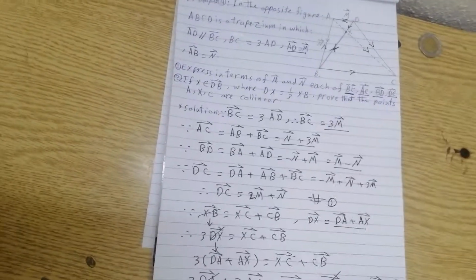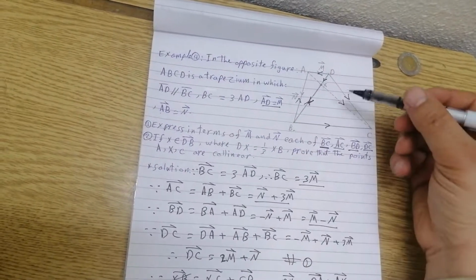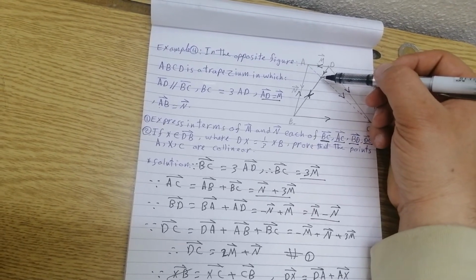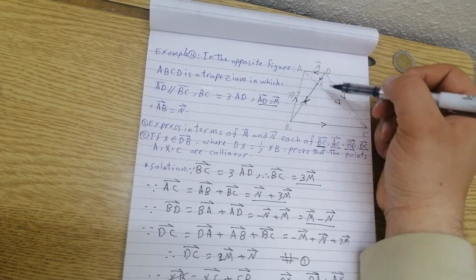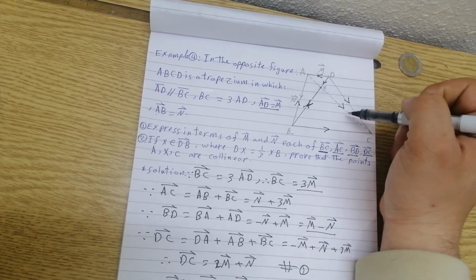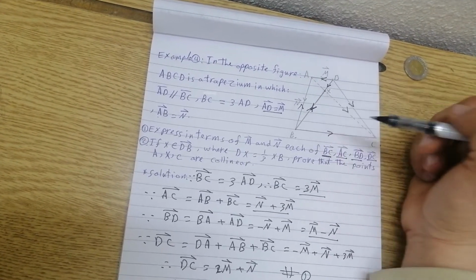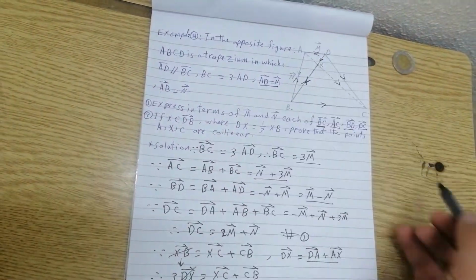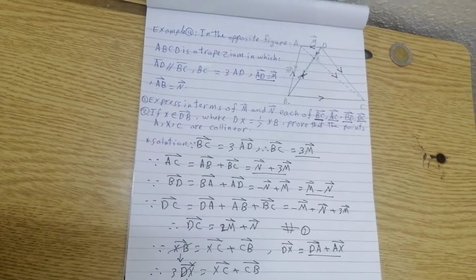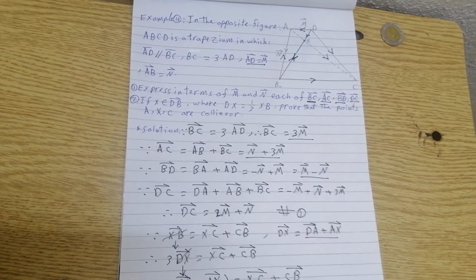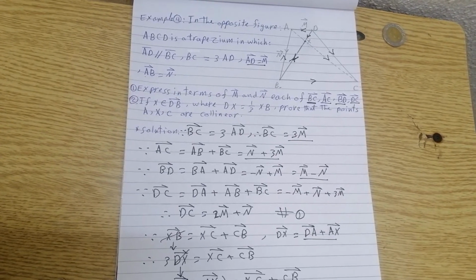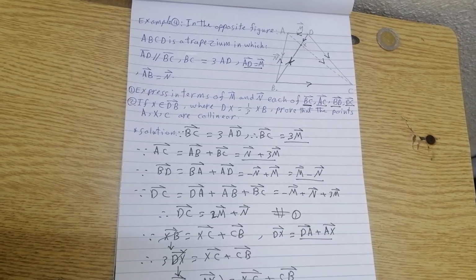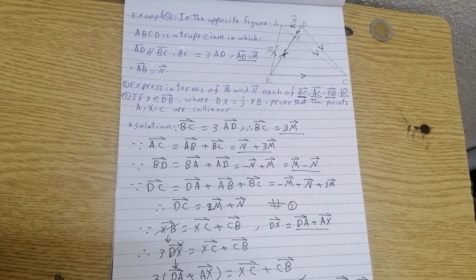So let's see what we have. We have XC vector equals 3 times AX vector. And that means that they are parallel, having the same direction, and one of them equals 3 times the other. So XC is parallel to AX, and XC equals 3 times AX.